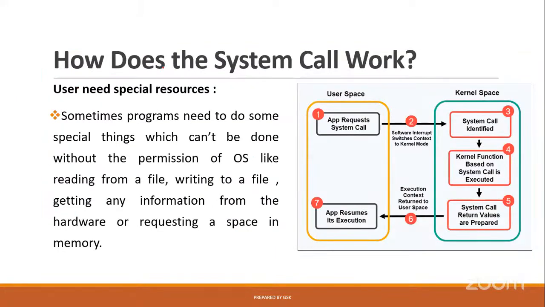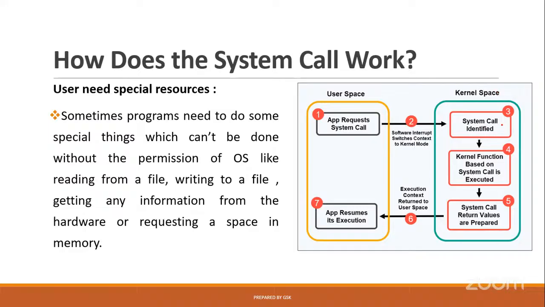Now let me show you how the system call works. Suppose any app you are using requests a system call. A software interrupt switches context to the kernel mode. As I said already, the operating system uses two spaces, user space and kernel space. The operating system switches to the kernel space.